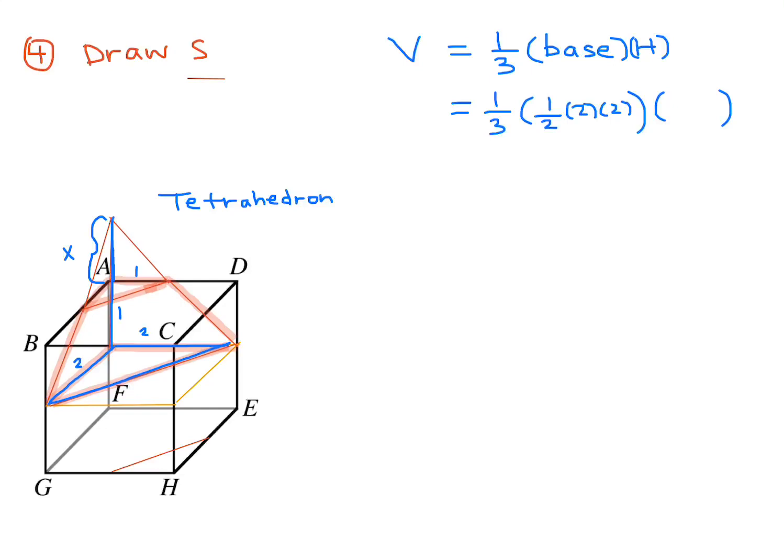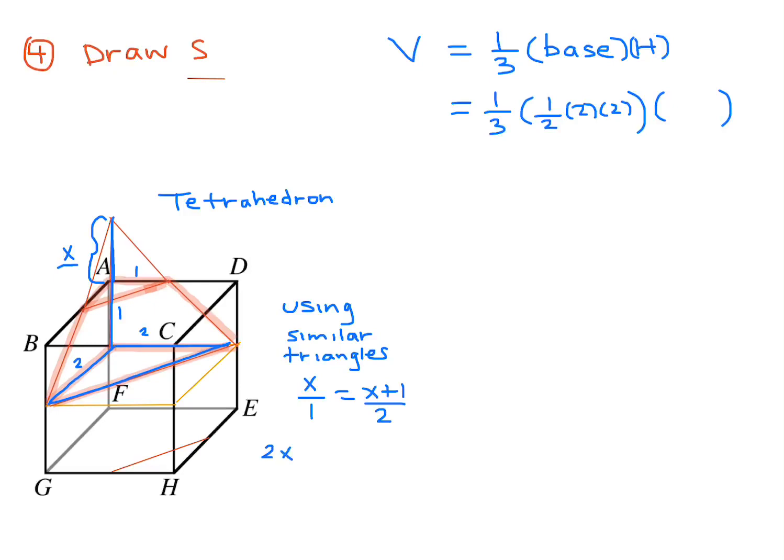So using similar triangles, x over 1, this x over this 1, is equal to the full height top to bottom, which is x plus 1, over this full base, which is 2. All right?